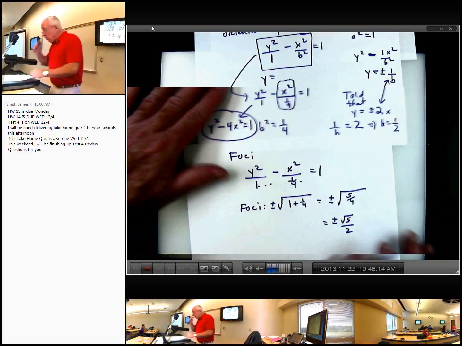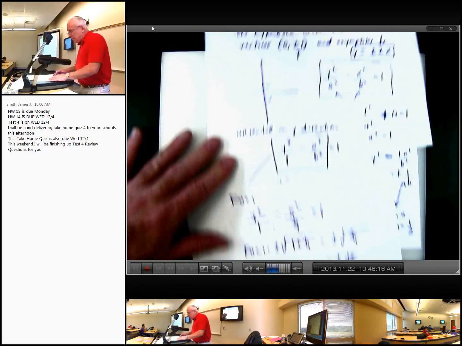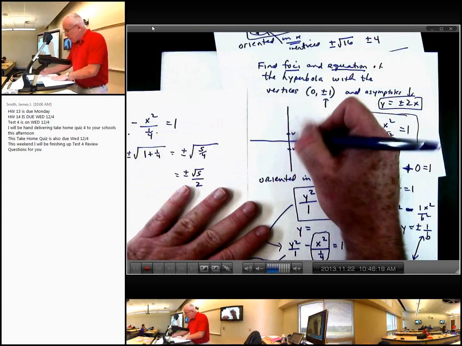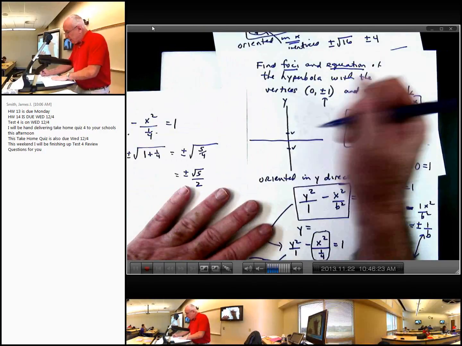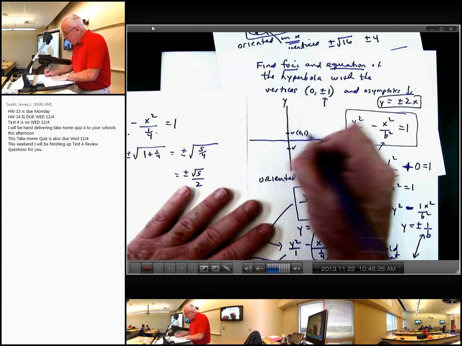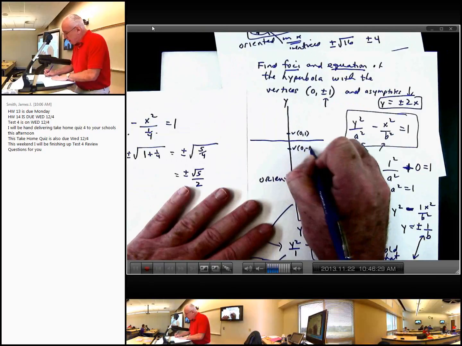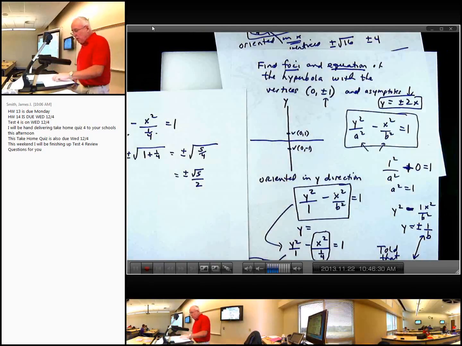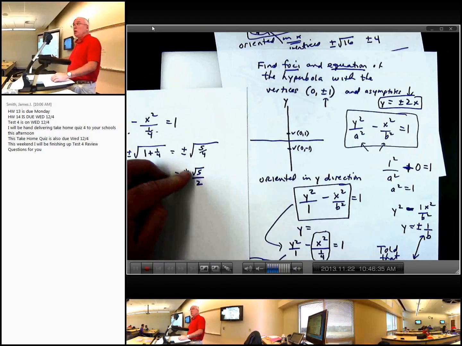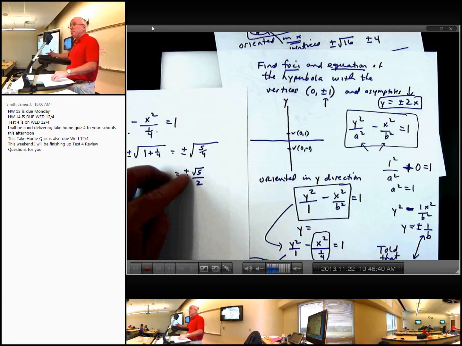And of course, let's go right back up here, these would be then in the y direction. See our vertices were 0, 1 and 0, minus 1. Square root of 5 over 2, well, square root of 5 is a little bit bigger than 2, so a little bit bigger than 2 divided by 2 is going to be a little bit bigger than 1.